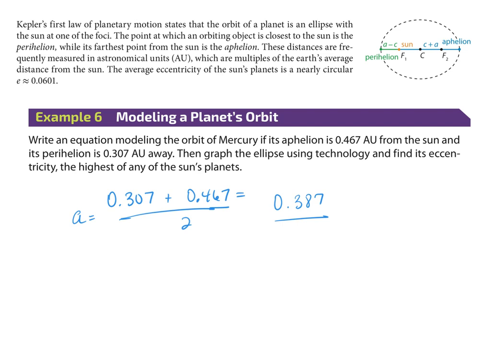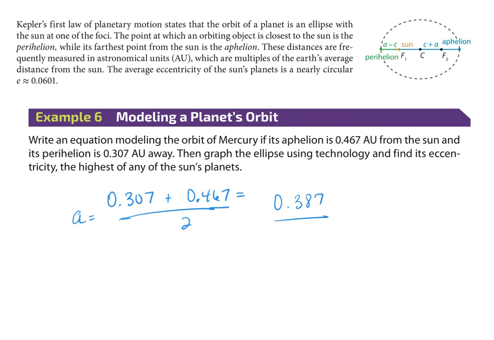So if I have the A value, to find my C value, I can just subtract this piece of it, which is the closest point, right?